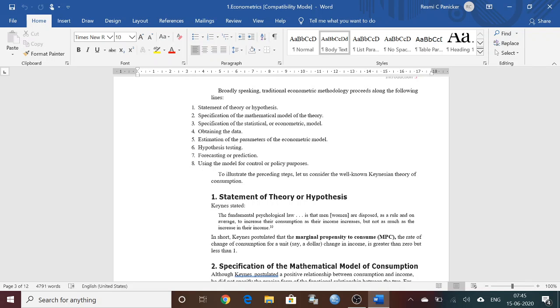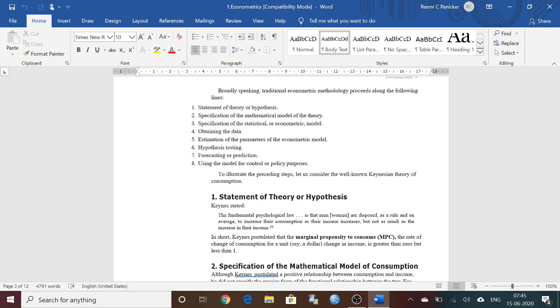As we know, there are a number of studies regarding consumption behavior, and there are theories relating to it, like Keynesian consumption theory, relative income hypothesis, permanent income hypothesis, and so on.